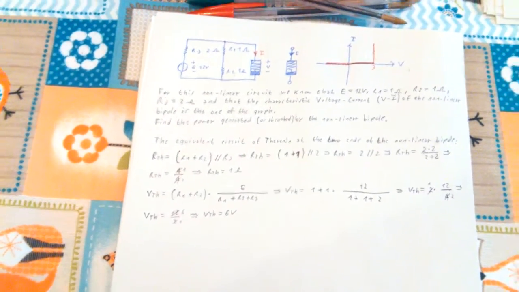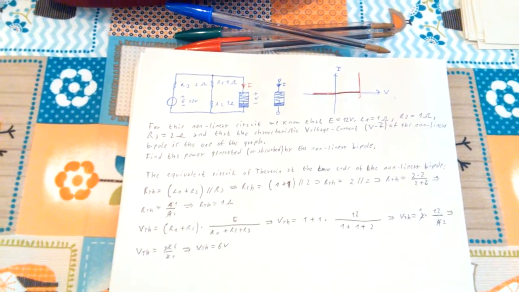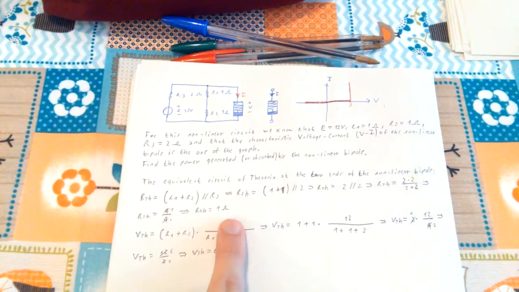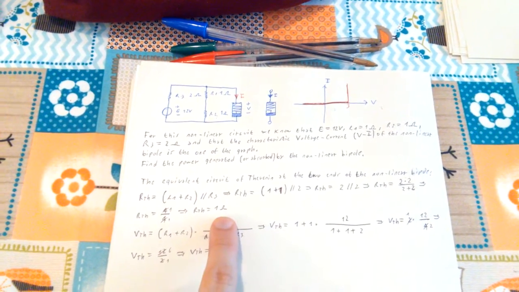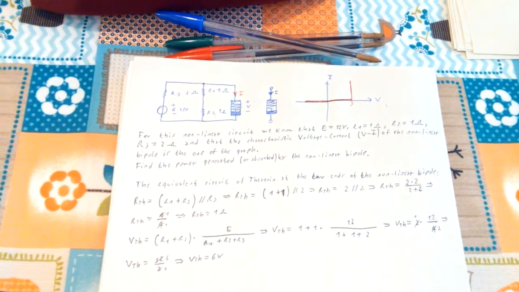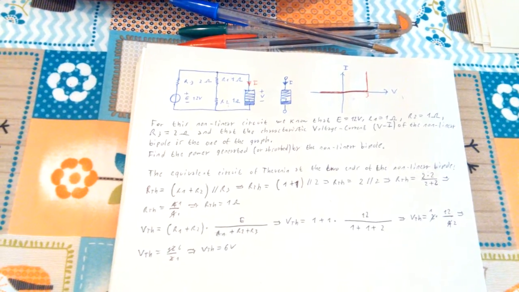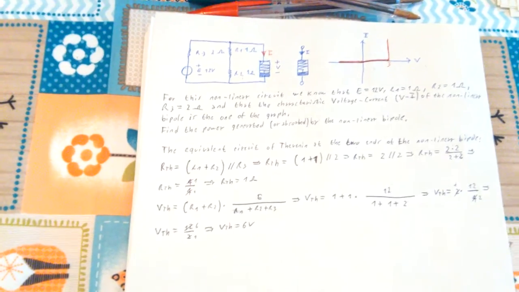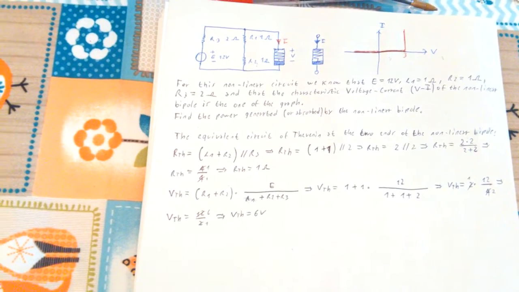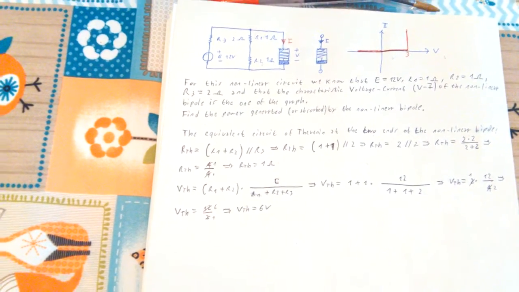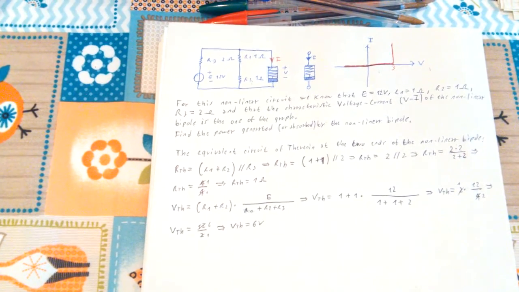So we are done with the first part, in which we have found the Thevenin resistance and Thevenin voltage for the Thevenin equivalent circuit. So now you can actually say that in order to find the working point, we can use the graphic method.